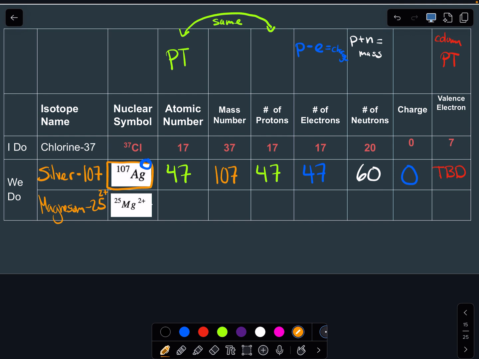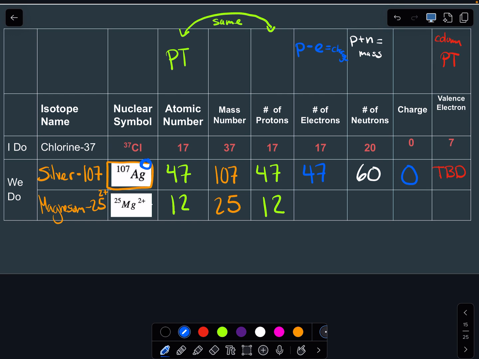On the periodic table, magnesium has an atomic number of 12, which is going to be the same as my proton number. Mass number was given in the symbol, so put that as 25. Now, electron number, we have a +2 charge here.